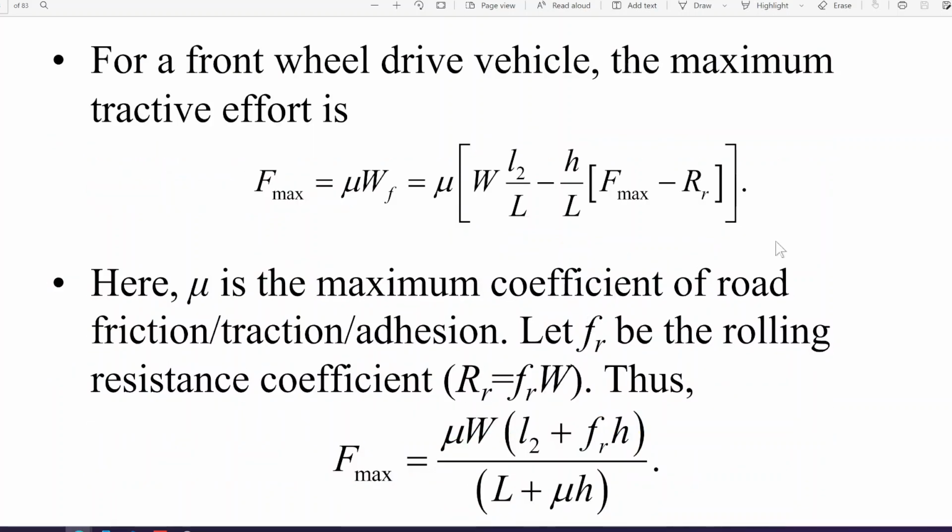Okay, so if we want to obtain the maximum tractive force for a front wheel driven vehicle, we can substitute F max as mu into WF. Right, we are limited by the tire road friction coefficient, that is mu, and the normal load acting on that.